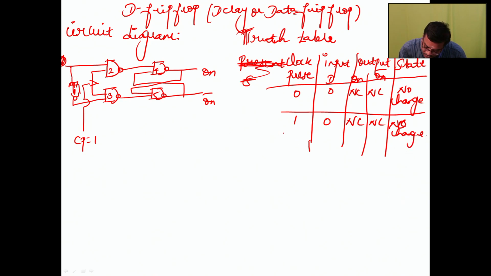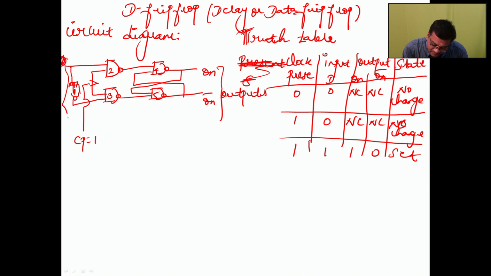When the clock pulse is 1, we are giving 1, we will get the output 1. So the set condition will be there. While we are giving 0, we will get the same output. In D flip flop, the input is what will be applied on the output. So these are all the output conditions, and this one is nothing but the input conditions.